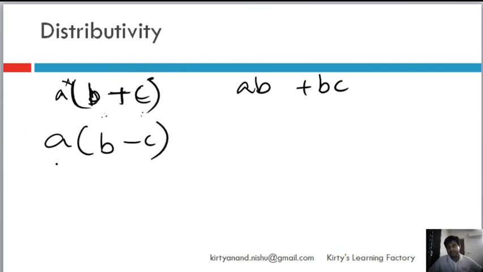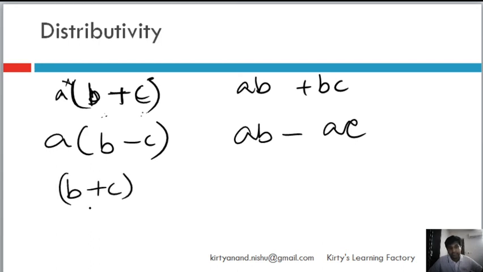It is also distributed over subtraction. So if the expression is a into b minus c, we could also write ab minus ac. Similarly, it also gets distributed over division. It could be b plus c divided by a, which is also b by a plus c by a.